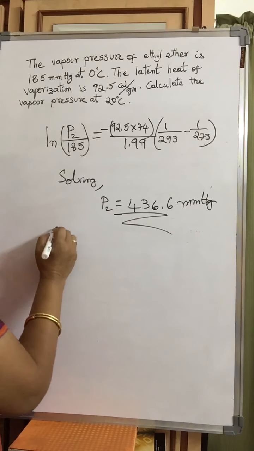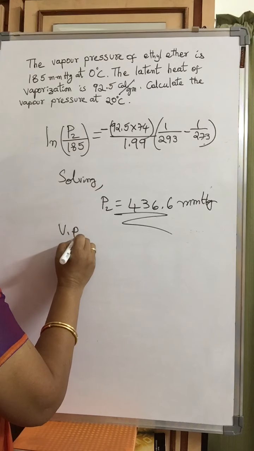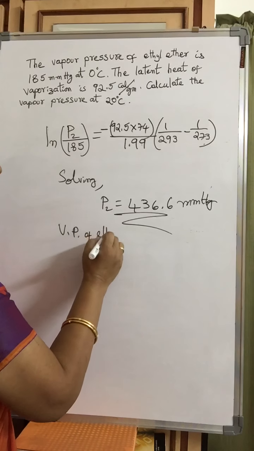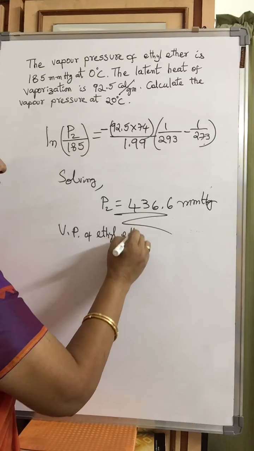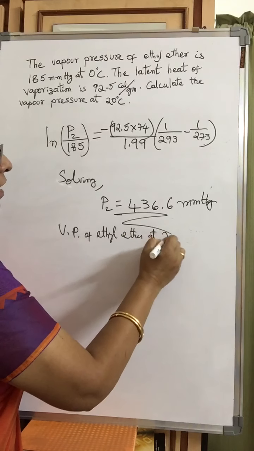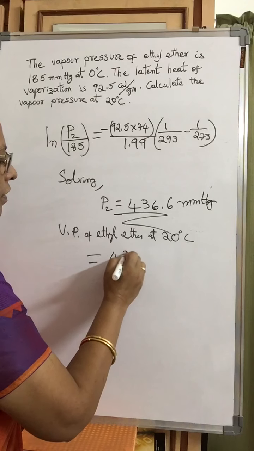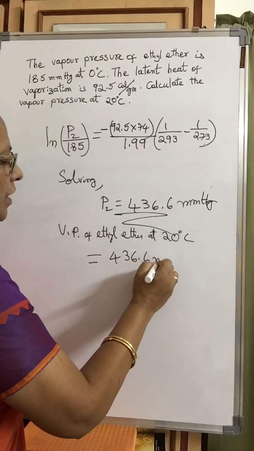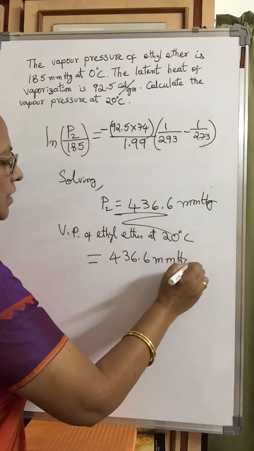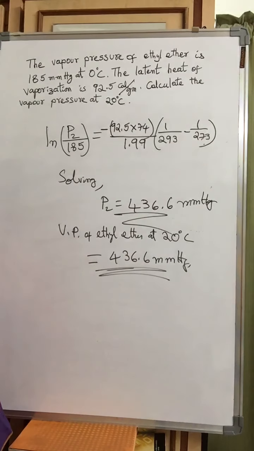So the vapor pressure of ethyl ether at 20 degrees centigrade is equal to 436 mm Hg. This is the answer.